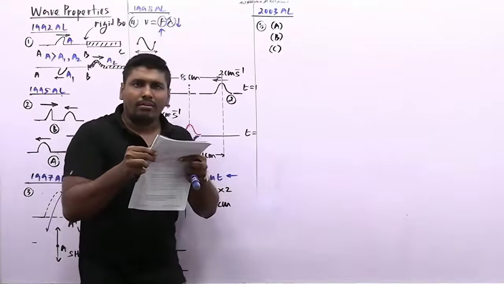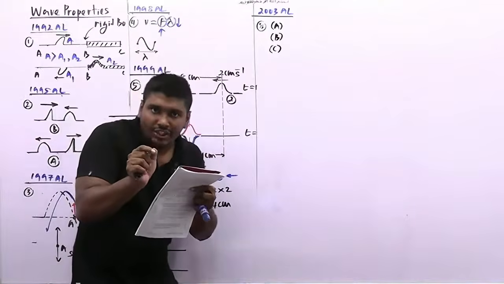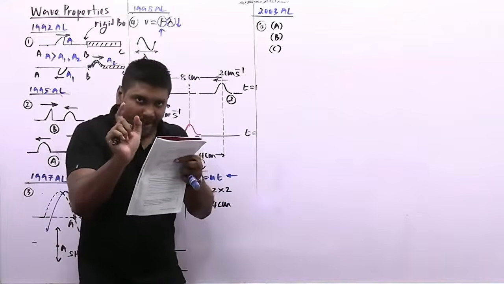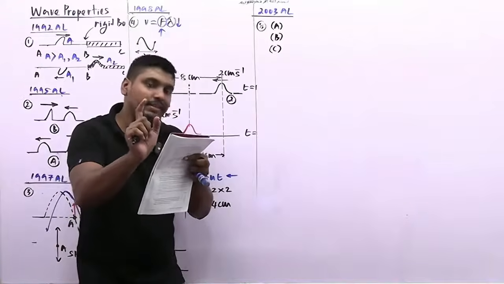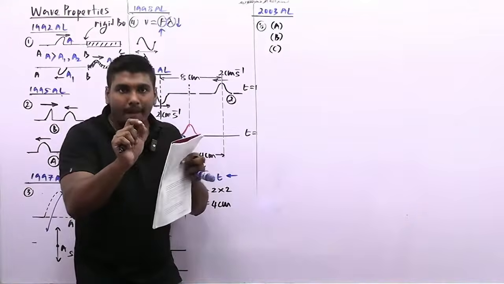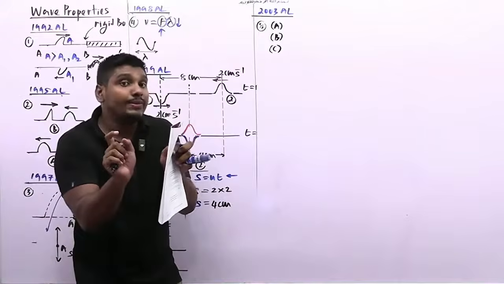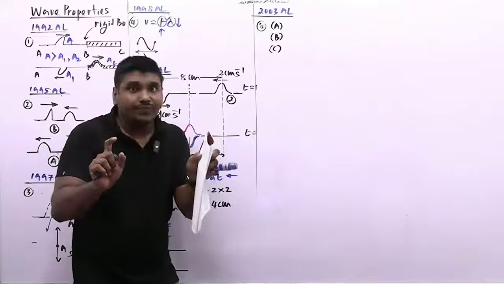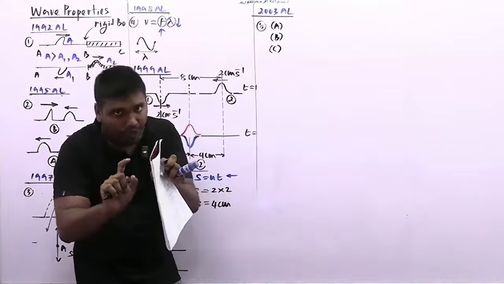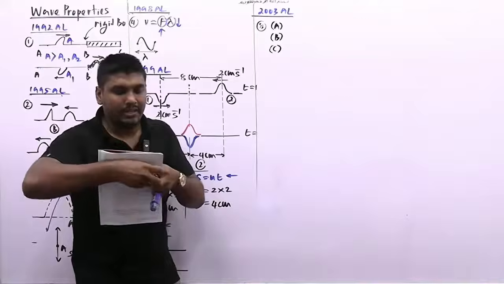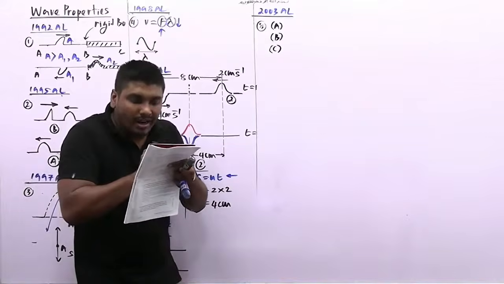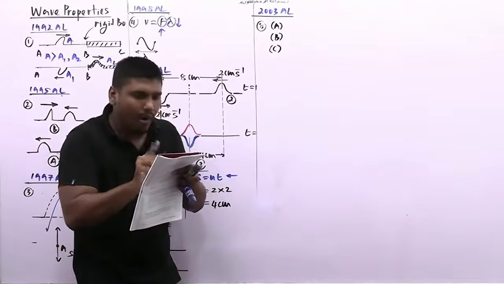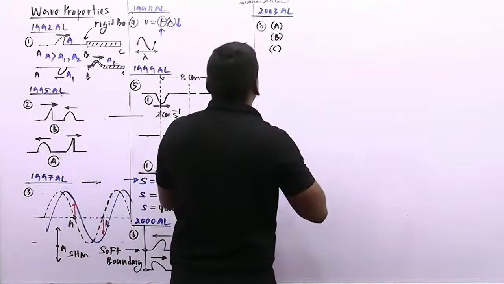Even longitudinal waves can undergo refraction, reflection, interference and diffraction. But longitudinal waves don't undergo polarization, while transverse waves do. So statement A is wrong.